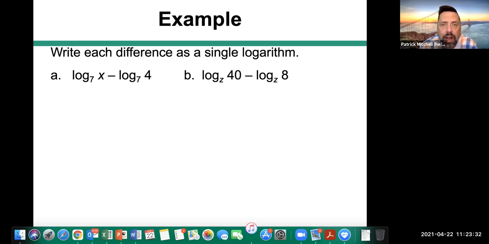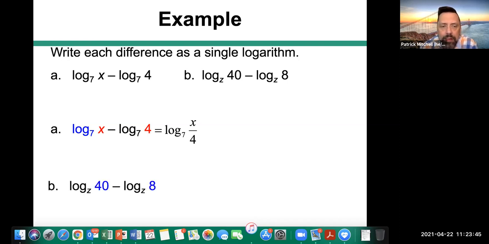The difference of the logs is the log of the quotient. So that would be log base 7 of x over 4. And then log base z of 40 minus log base z of 8 would be log base z of 40 over 8, which is log base z of 5.